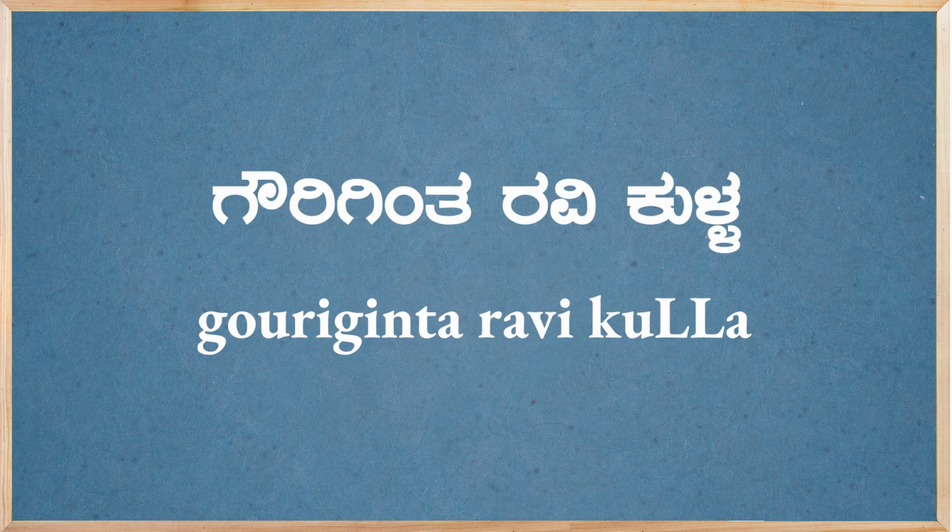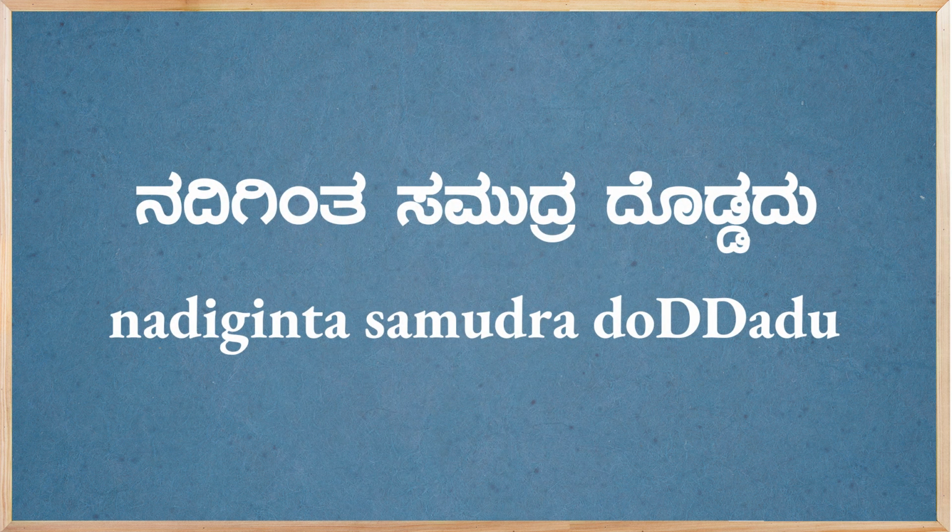Now, how about Ravi is shorter than Gauri, and that would be Gauriginta Ravi Kulla. And here is another one. The sea is bigger than the river. How would you say? Yes, you should say Nadiginta Samudra Doddadu. Great job.